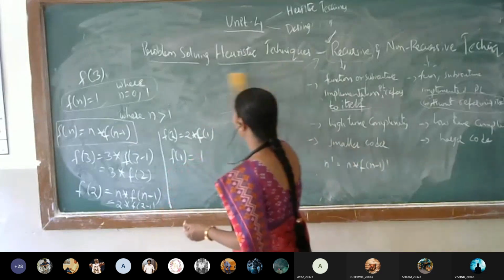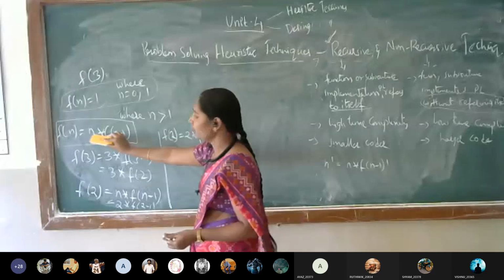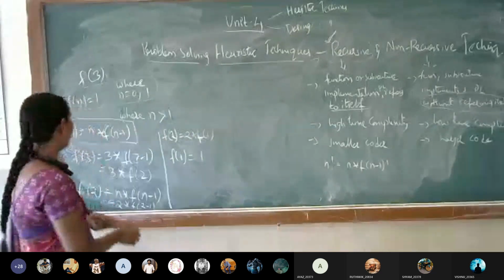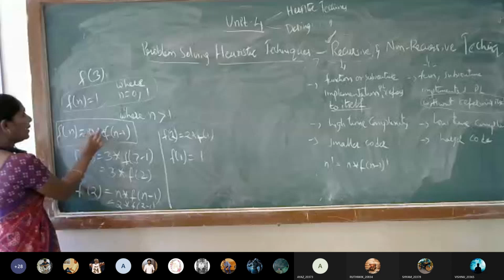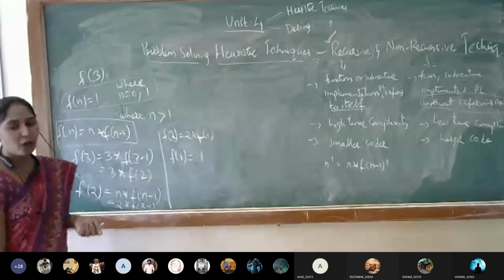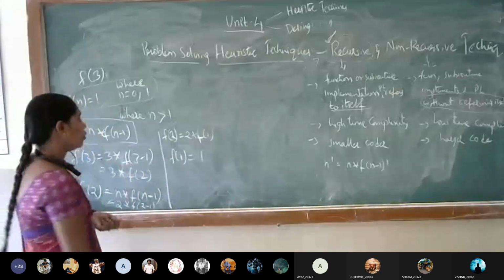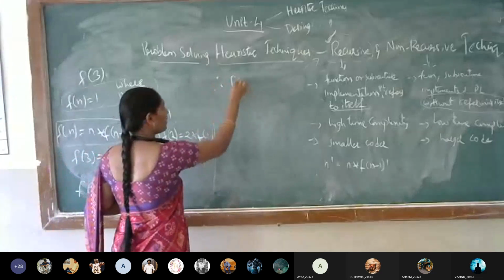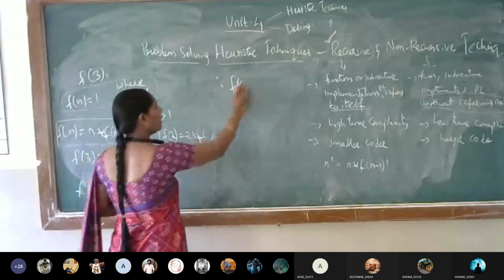Now we will be implementing that by using this single statement. What is the recursive function statement I am using? Factorial of n is equal to n into factorial of n minus 1. Right? So I have solved this one. Therefore I will be specifying factorial of 3 here.